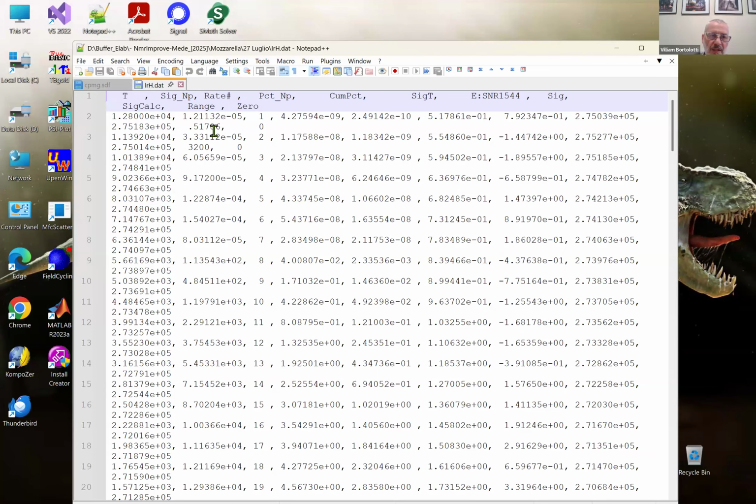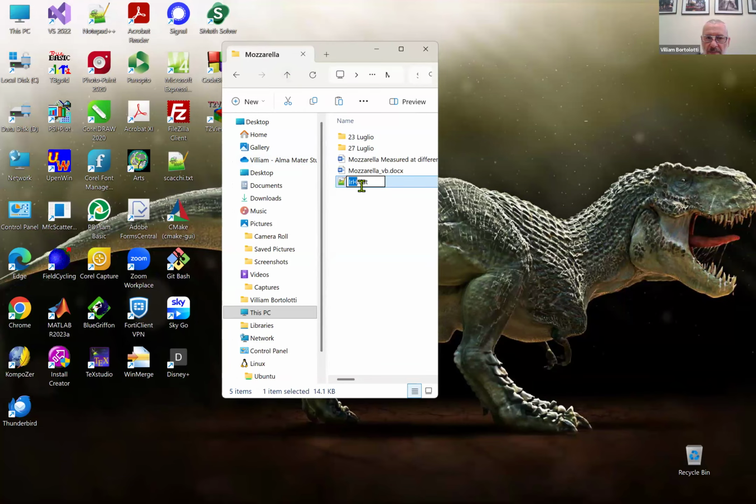And there is other information that allows you to evaluate the quality of the inversion. And then the last step is using some software to compare the two results. I have to rename because the output name is the same.